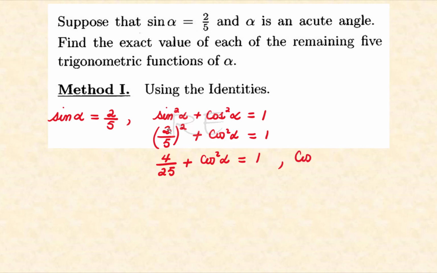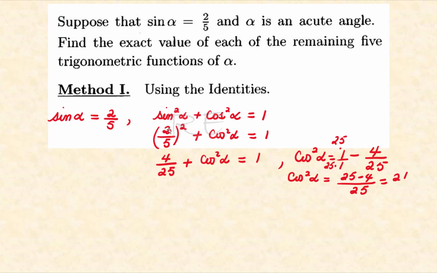And when we subtract 4/25 from both sides, cosine squared alpha is equal to 1 minus 4/25. 1 is 25 over 25. So we'll get 25 minus 4 divided by 25, which is 21 over 25.